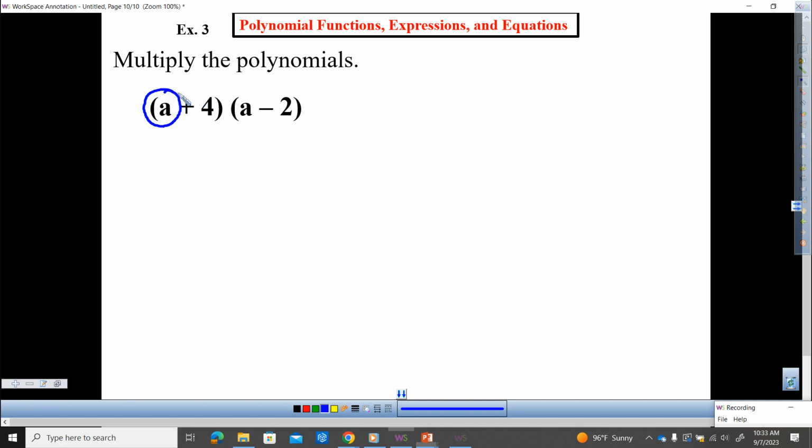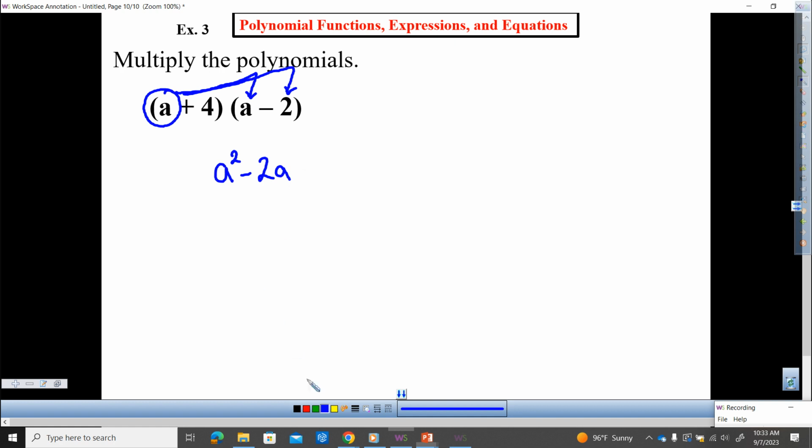A times A, exponent of 1, exponent of 1, gives me a to the second. A times negative 2, since this one has an invisible 1, I'm going to write negative 2a. So far, so good?